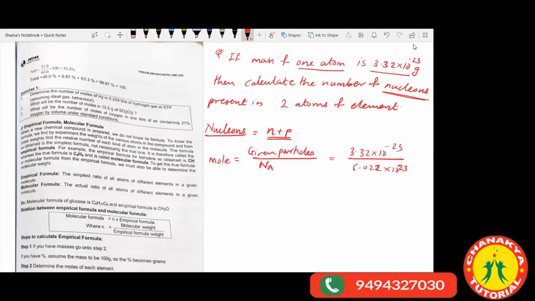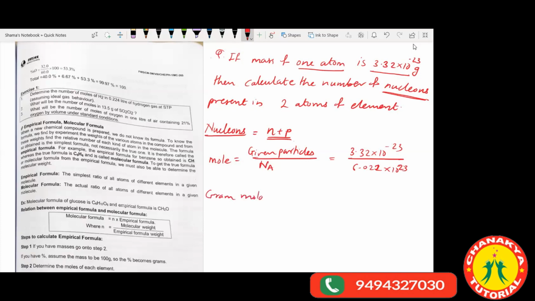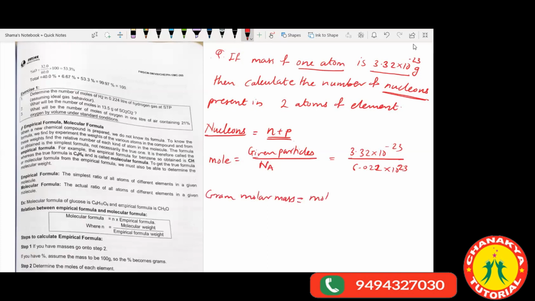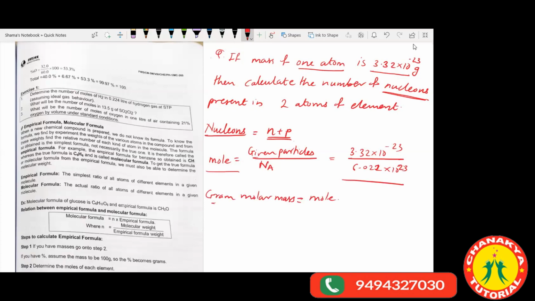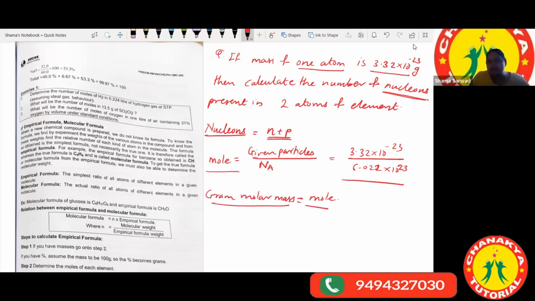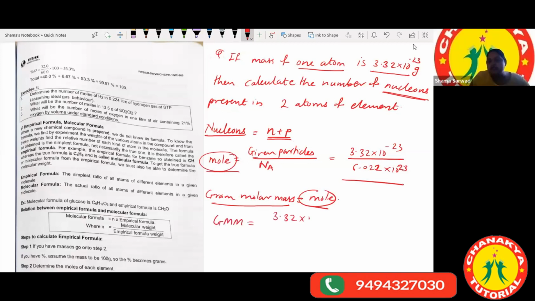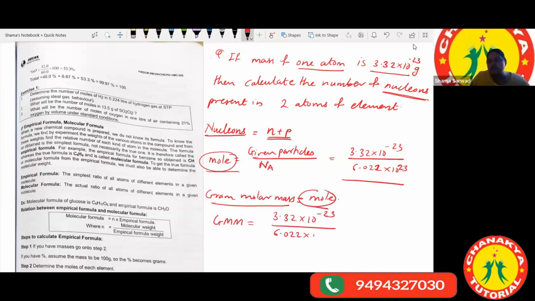What do you have to do? Mole is nothing but the gram molar mass of that particular atom. Correct? The gram molar mass of any atom is nothing but the mole, right? So if left and right side are the same, we can say that gram molar mass is nothing but 3.32 into 10 raised to minus 23 upon 6.022 into 10 raised to 23, correct?